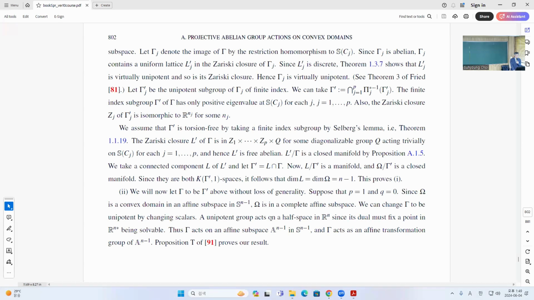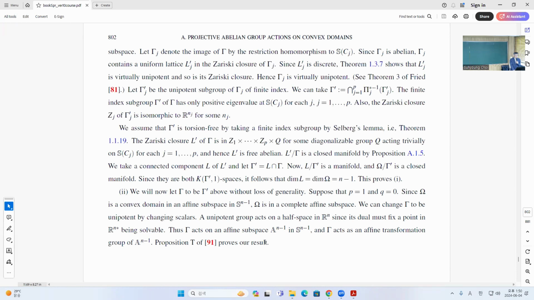Okay. So for two, you just let gamma be gamma prime as above, and if p equals 1 or q equals 0, then this is just a convex domain in the affine space. And so omega is in some complete affine space. And you can change this to be unipotent.